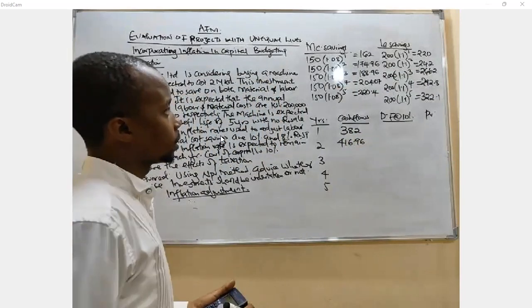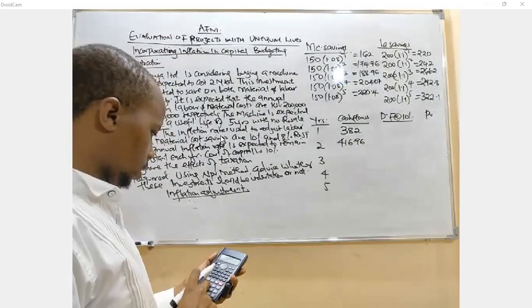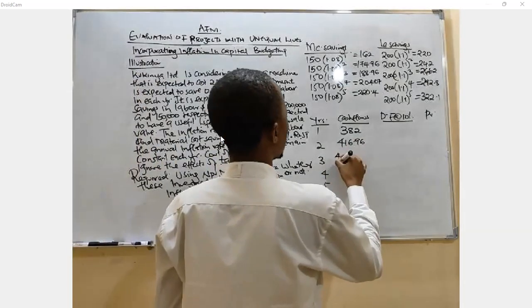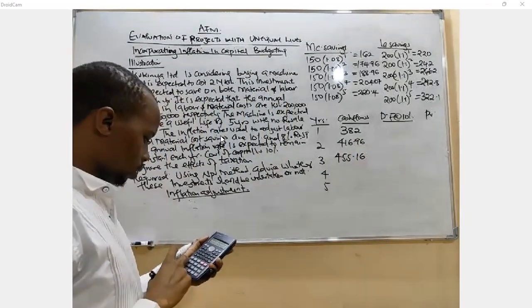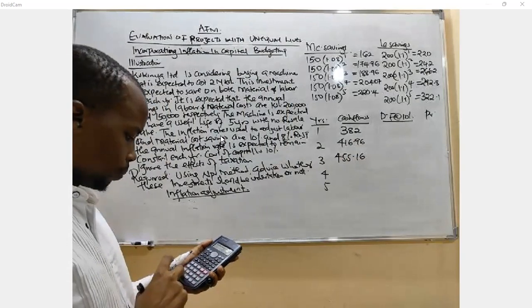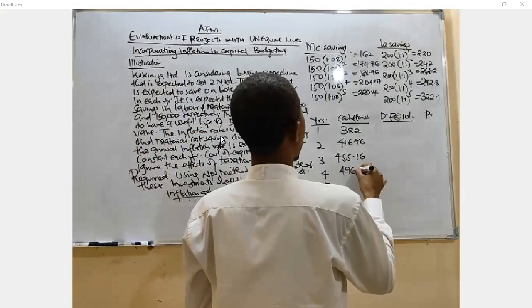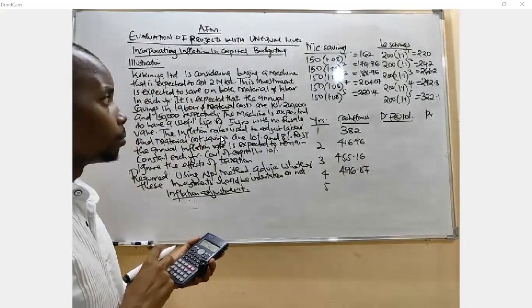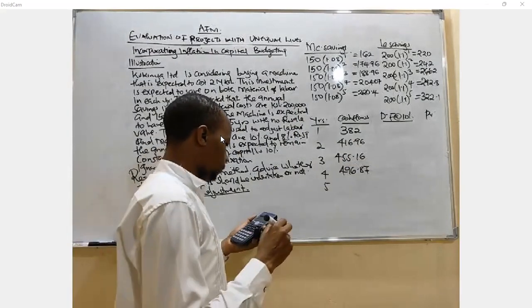The other one? 455.16, plus 292.8, getting 496.87. The other one will be 220.4. We add 322.1. Someone to give me the discount factors.